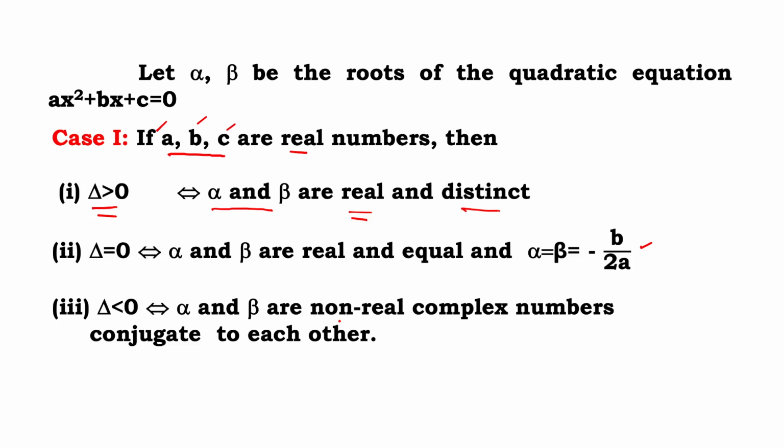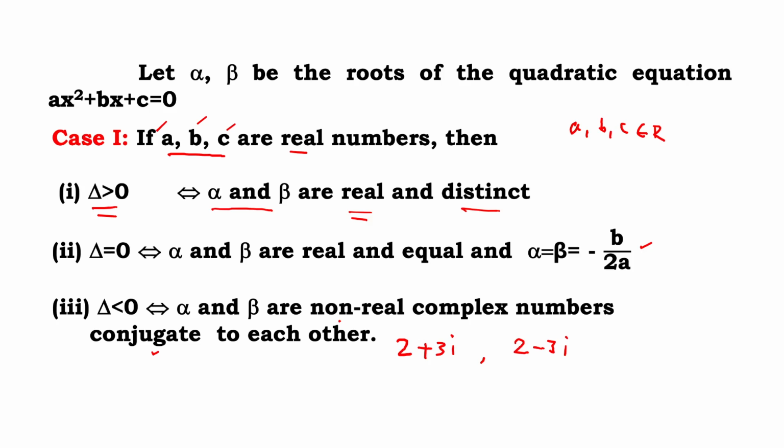If one root is 2 plus 3i, then after seeing this root, 100% you can say that the second root will be 2 minus 3i. This is called conjugate to each other. This condition is true only if a, b, c are real. These three numbers belong to the real numbers, then only we can say this is true.